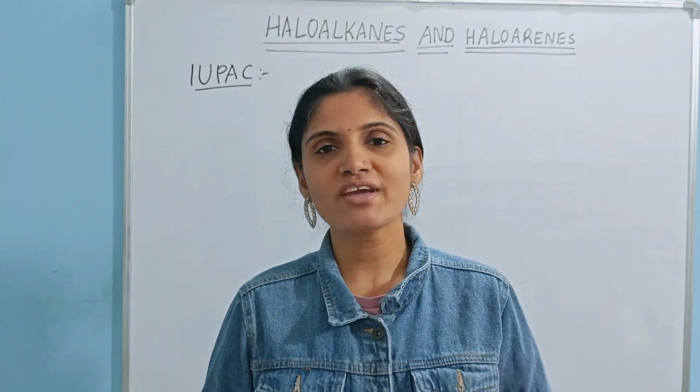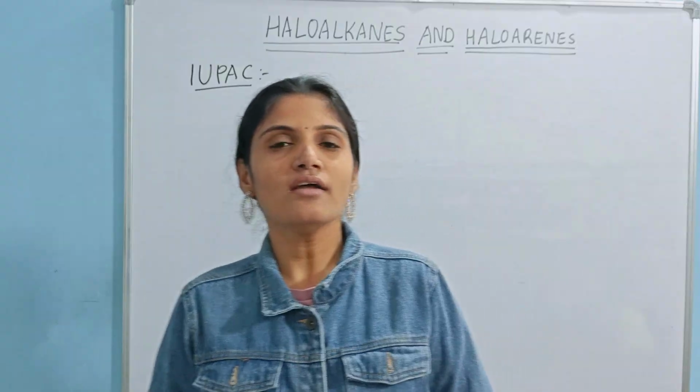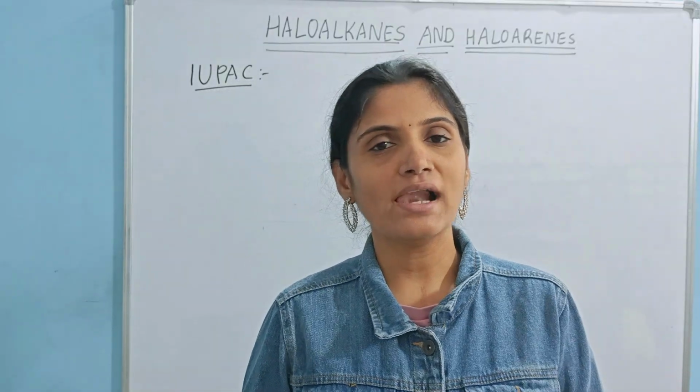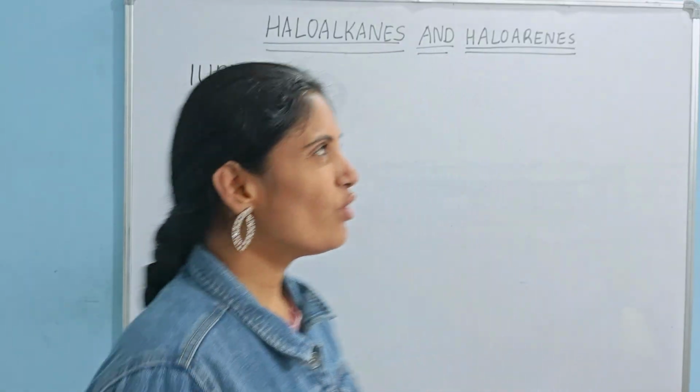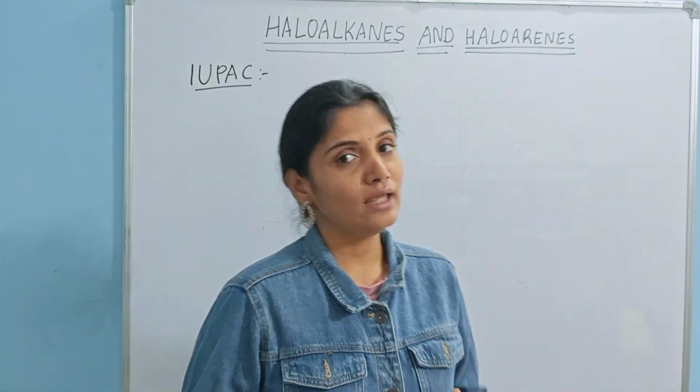So without wasting any time, let us quickly start with how to understand the IUPAC nomenclature of haloalkanes and haloarenes. Before that, let us write the basic format of the IUPAC nomenclature to name any compound.